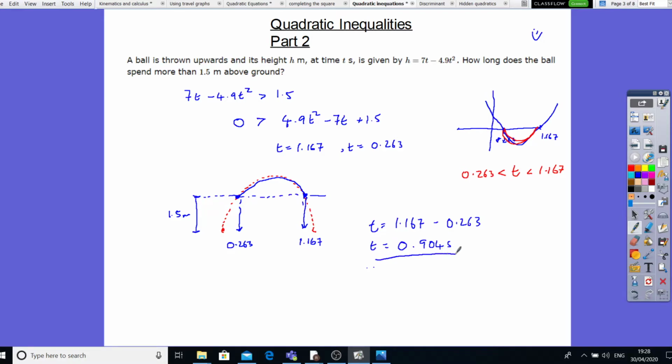So 0.904 seconds it spends 1.5 meters above the ground.